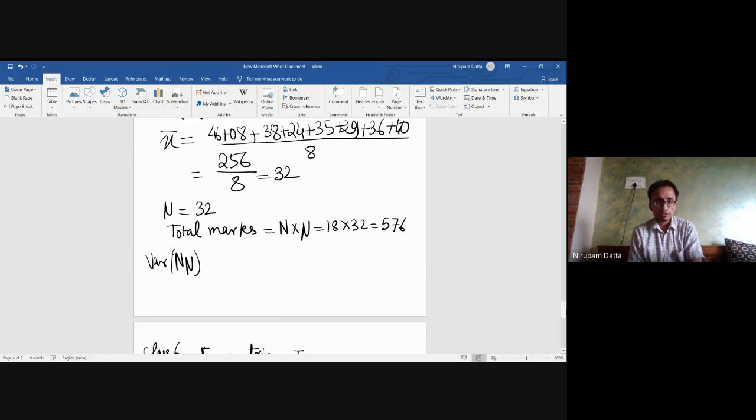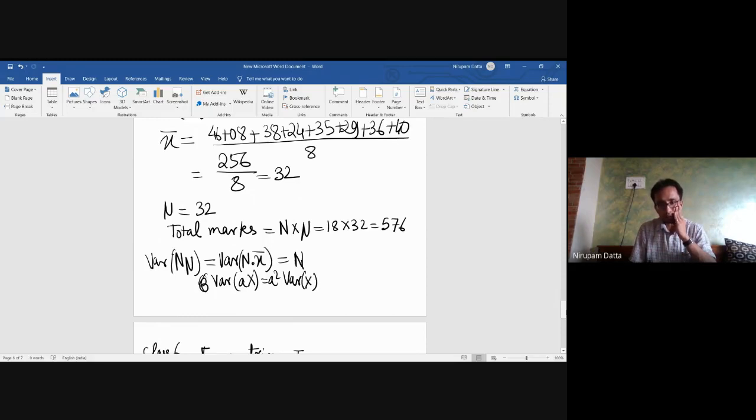Since sample mean is a consistent and unbiased estimate of population mean, we can write this as variance of N x bar. Using the formula Var of aX equals a square Var of X, we write Var of N x bar is equal to N square into Var of x bar.